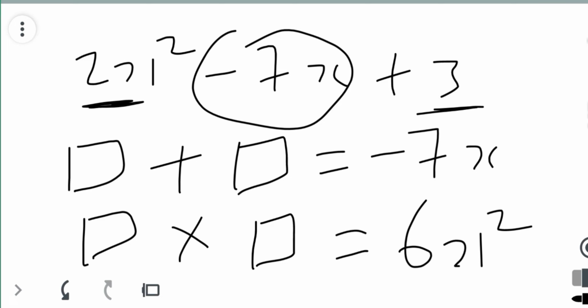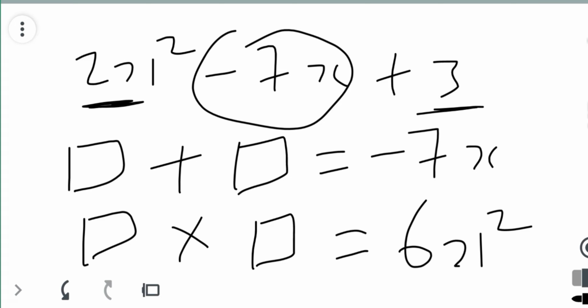So two numbers that when you add them together, you'll be getting minus 7x, and that same number, when you multiply them together, you'll be getting 6x squared. If you look at it critically, we can only use 6 and 1, so we said we'll be using minus 6x minus, instead of saying minus 1x, we said minus x. So after solving, we are able to get x equals 1 over 2 and as well x equals 3.